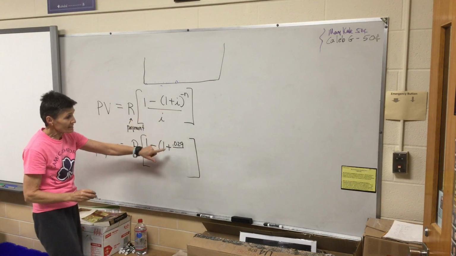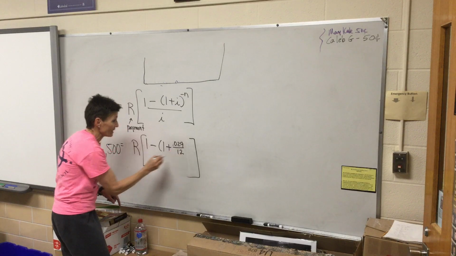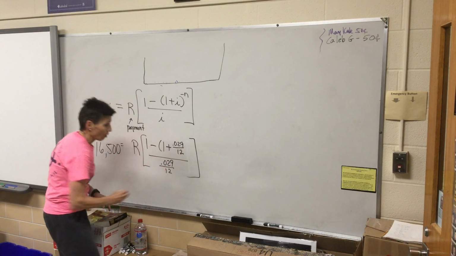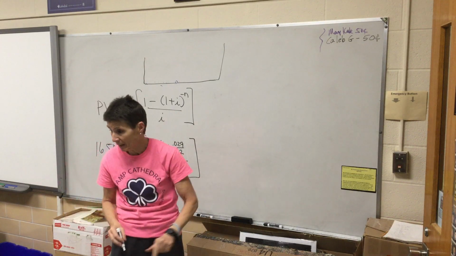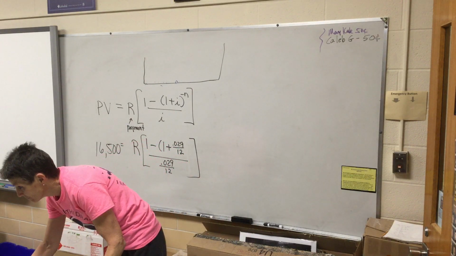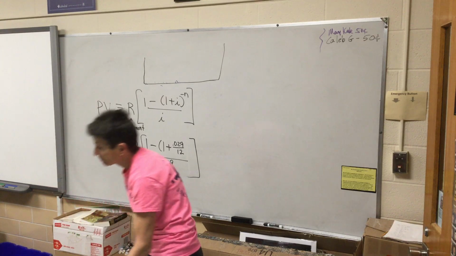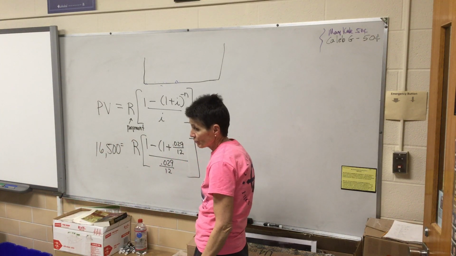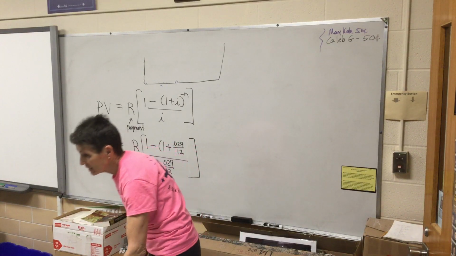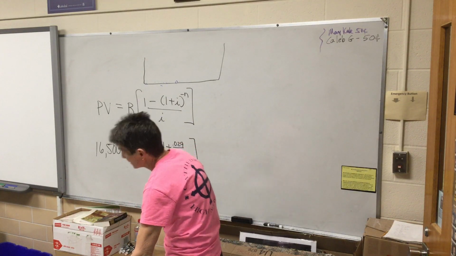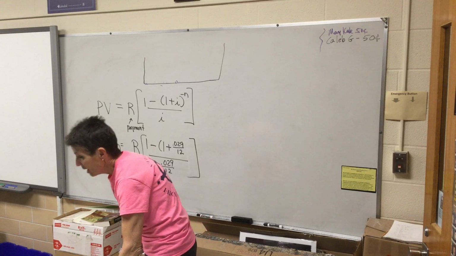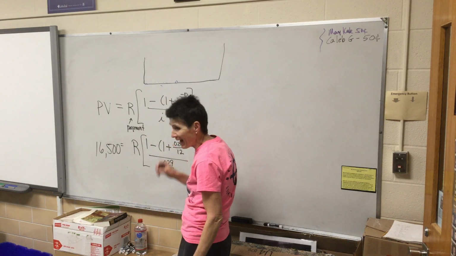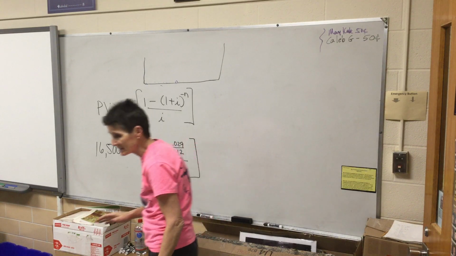So I is going to be 0.029 divided by 12. Both of the I's are 0.029 divided by 12. So make a note of that, guys. When you use the PV and FV formulas, I is the interest rate divided by however many payments a year you're making.